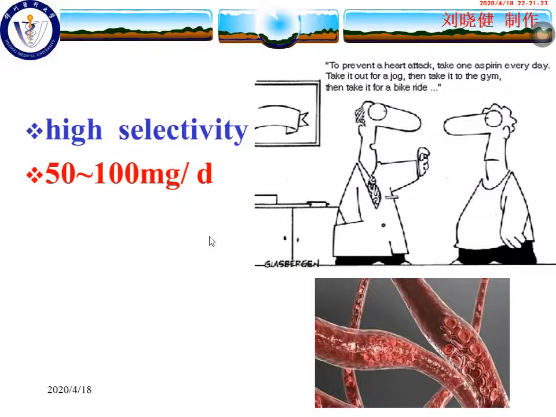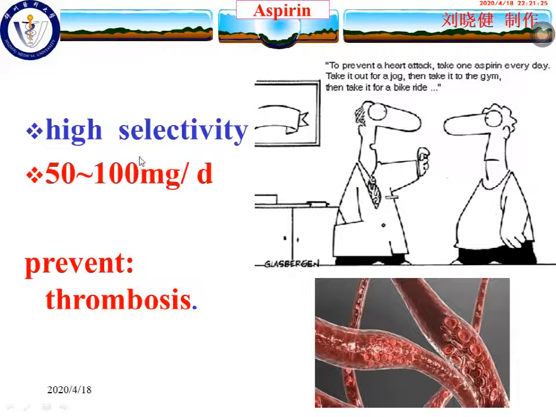Because of this high selectivity to COX-1 in platelets, we use aspirin at 50 to 100 mg a day to prevent thrombosis.